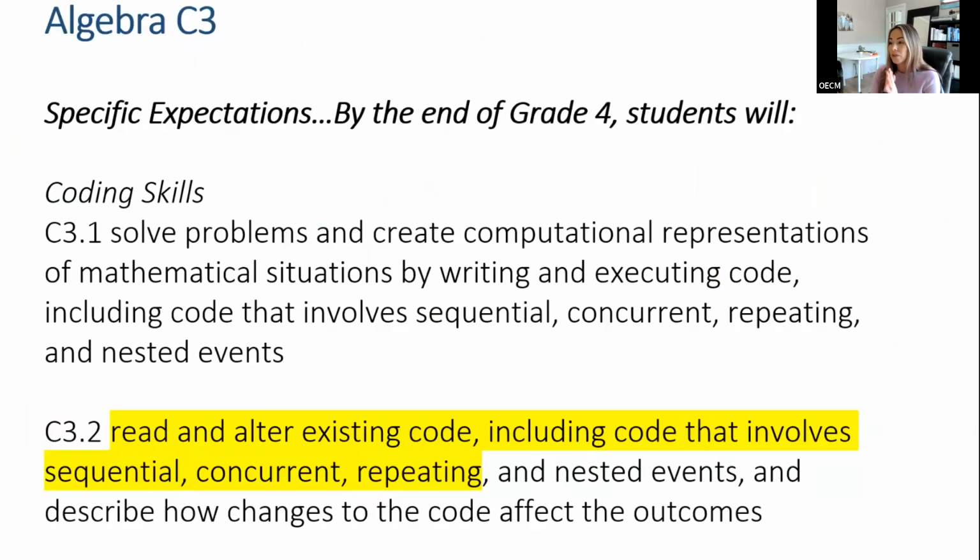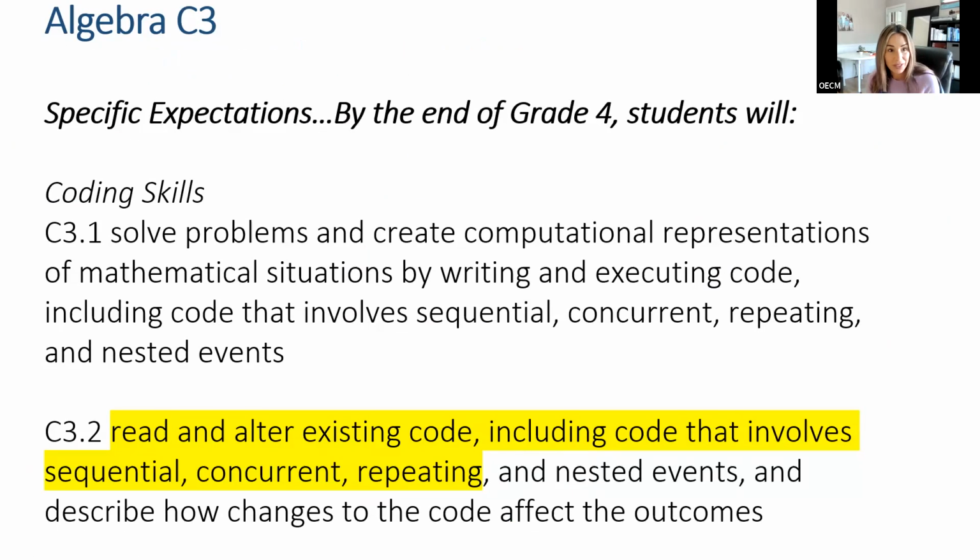So the grade 4 expectation, as I mentioned, well, actually every expectation from grades 1 to 8, the second one, C3.2, which you'll see in every grade, says read and alter existing code. So that's what we did there. I gave you the link to some code to make a simple square, and then we altered it. Reading and altering existing code is really useful.